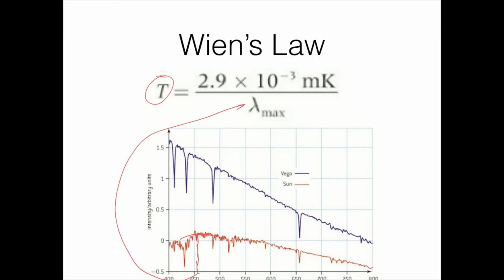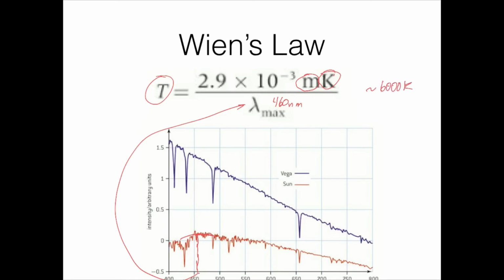Okay, give it a try, see what you get. You should get something around 6,000 Kelvin. Don't forget to put this into meters. You've got meters and kelvins on the top. So here what we have is about 460 nanometers. Make sure to turn it into meters, work it out. Hopefully you get something around 6,000 Kelvin.